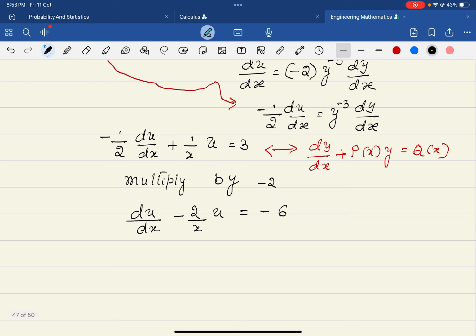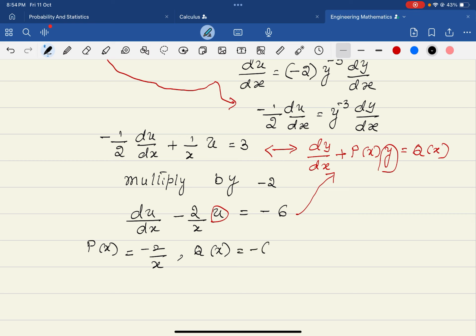Now we can compare this with the standard form of linear differential equation. So from here it implies p of x is what? In the place of y it is u. So p of x is minus 2 by x and q of x is minus 6.